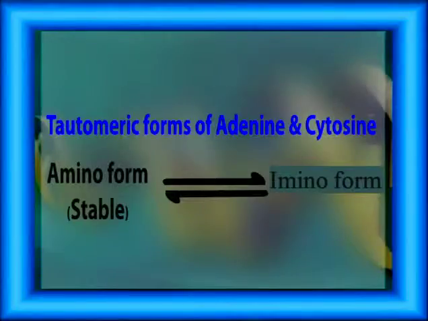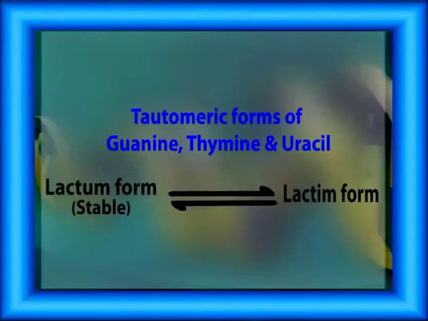Each commonly occurring pyrimidine and purine can be drawn in 2 tautomeric forms. Adenine and cytosine can exist as either amino or imino forms, and guanine, thymine, and uracil can exist as either lactam or lactim forms.